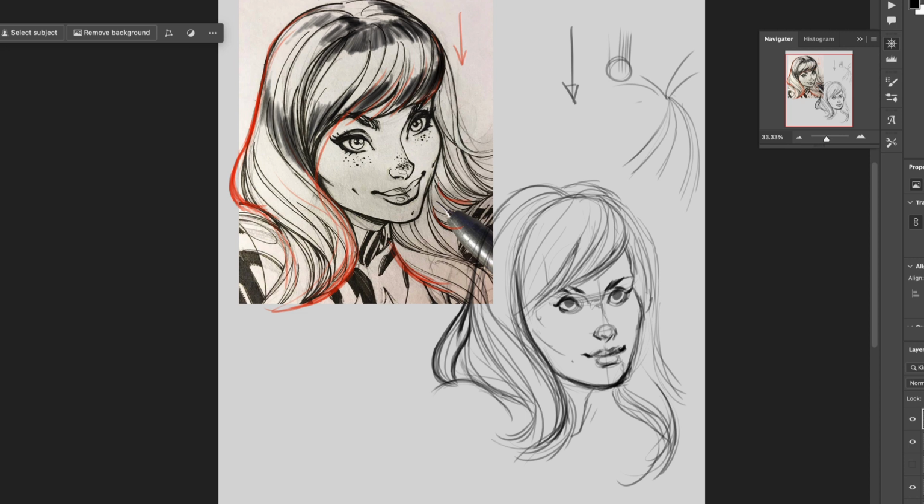It's gonna be a little bit farther away from the light. Anytime you have something pushing out, it's gonna be farthest away from the light.